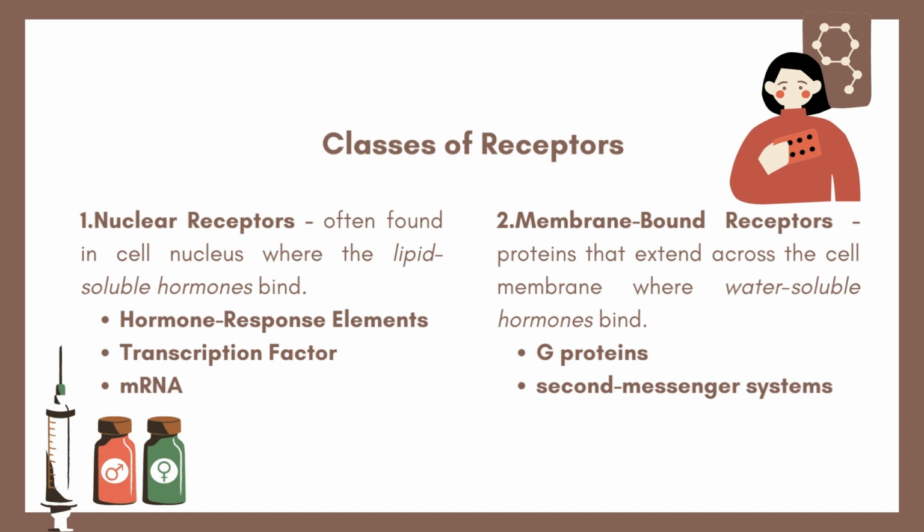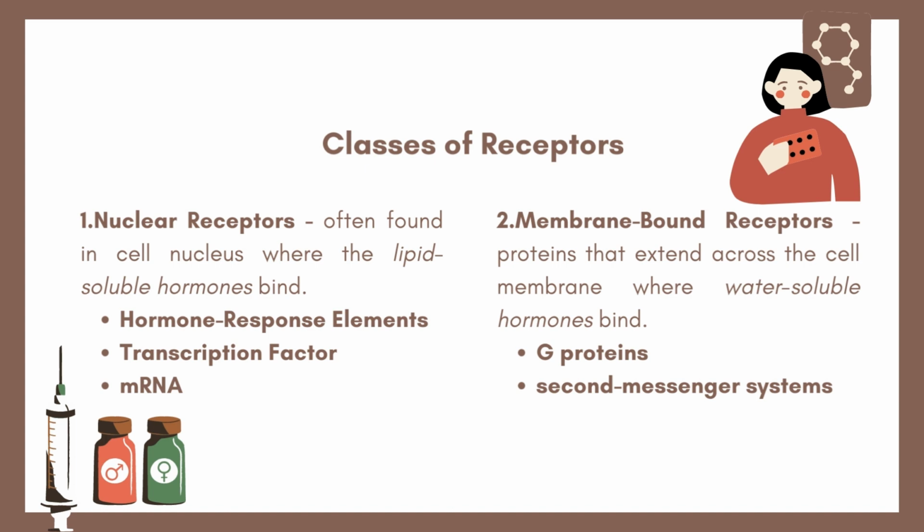It cannot respond immediately because it takes time to produce mRNA and the protein. The hormone response elements are found in receptors that bind to DNA, and the DNA-binding domain enables them to bind to the hormone response element of target genes. The transcription factor forms from the combination of hormone and its receptors.